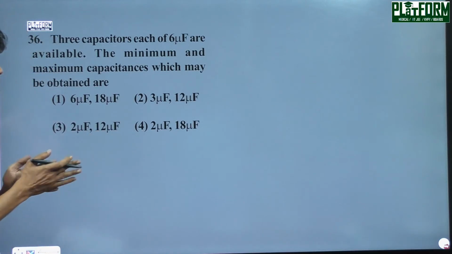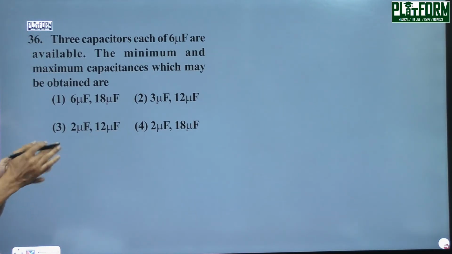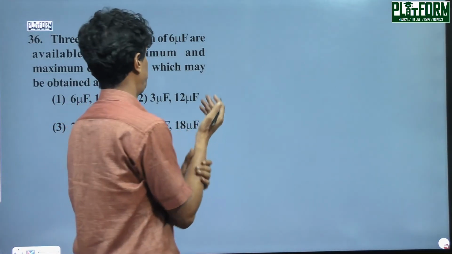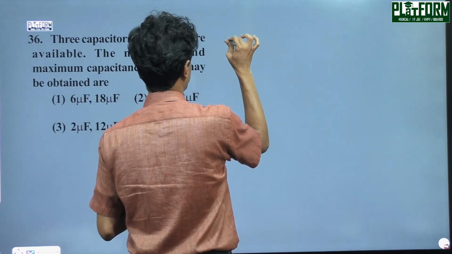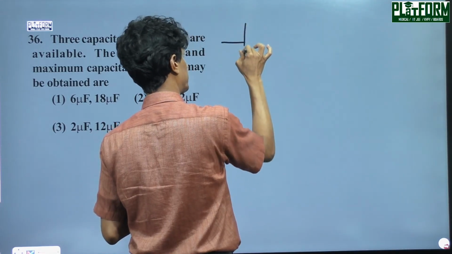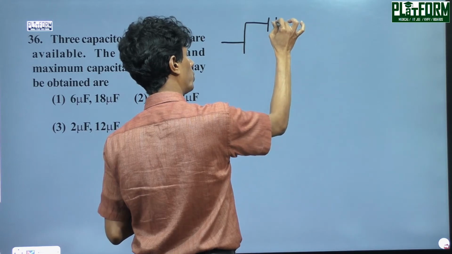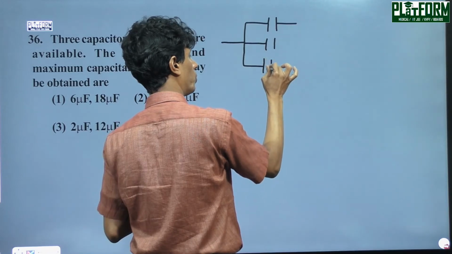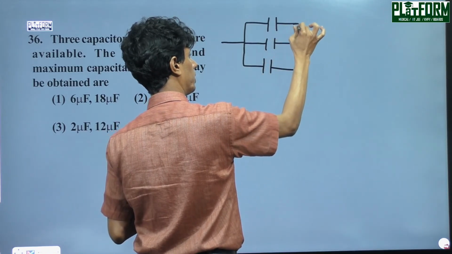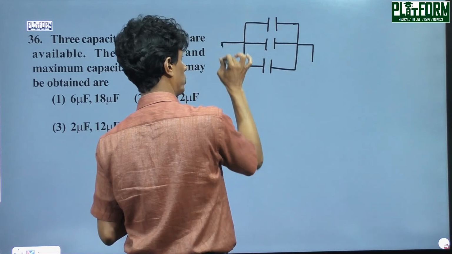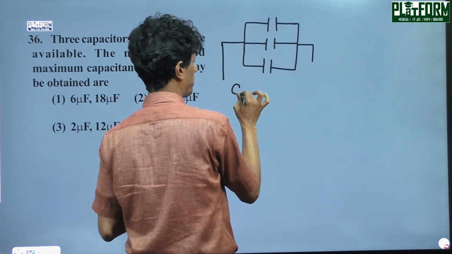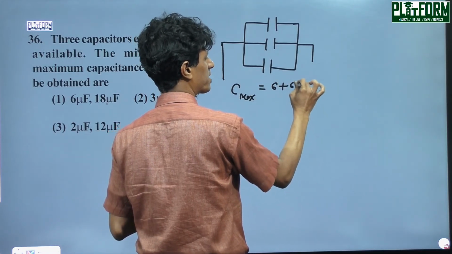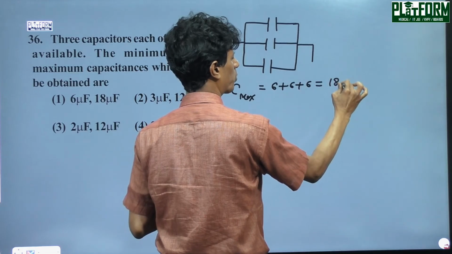For maximum, if the 3 capacitors are connected in parallel combination, the maximum is equal to 6 plus 6 plus 6, it is 18 microfarad.